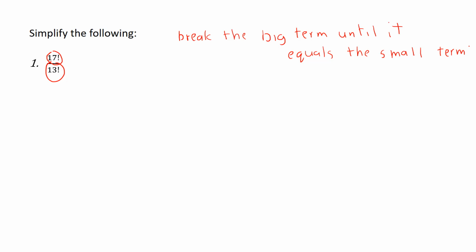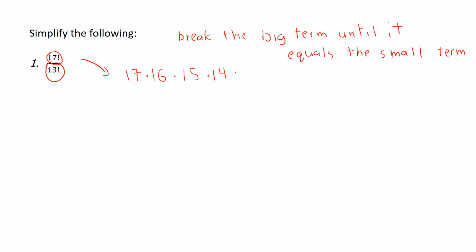I'll show you what I mean by that. It's fairly easy to see with numbers as opposed to the variables which are coming up. 17 factorial is larger than 13 factorial. So I'm going to expand that 17 factorial until it's equal to 13 factorial. That looks like 17 times 16, as always just down by 1, times 15, times 14.